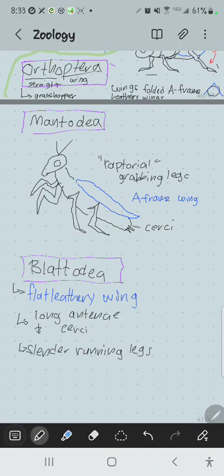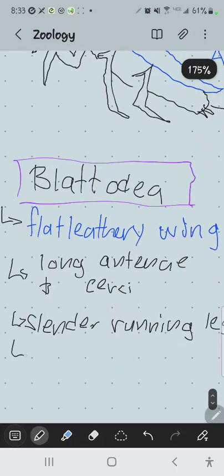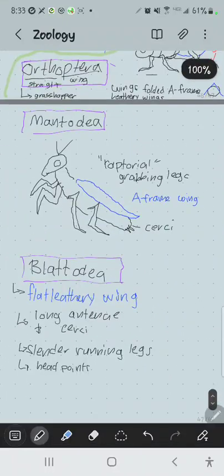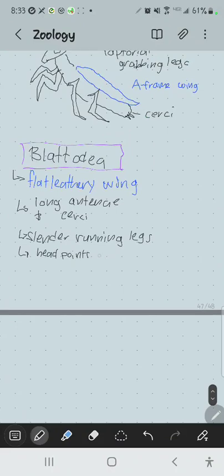And with that, there's a name for this in entomology. You have in a cockroach something like this. You have your body like this, and legs, quite long, slender running legs.